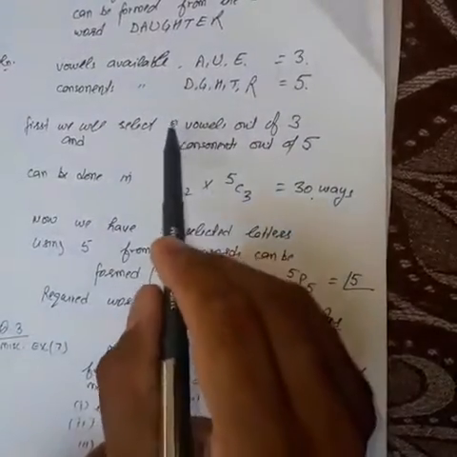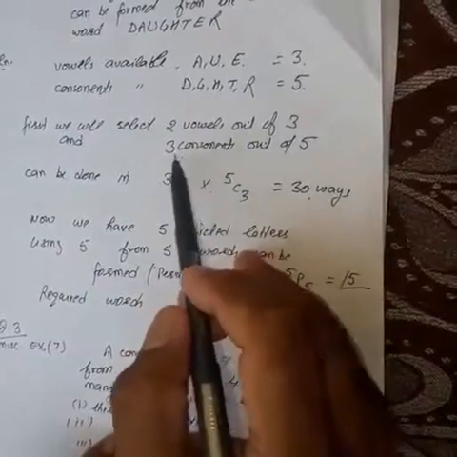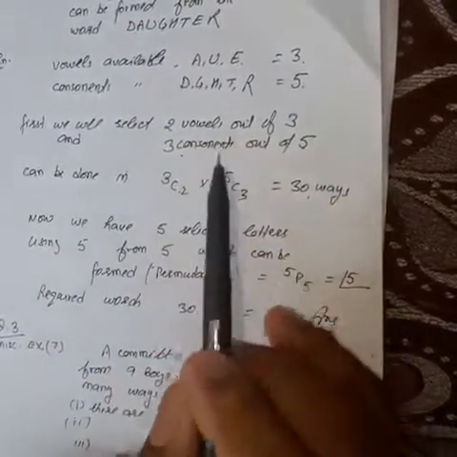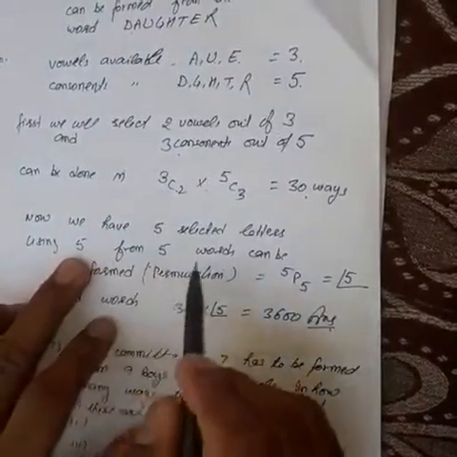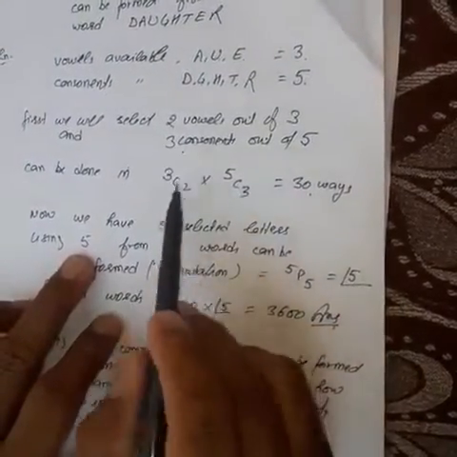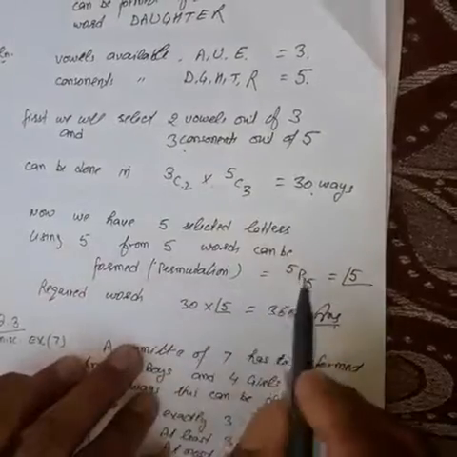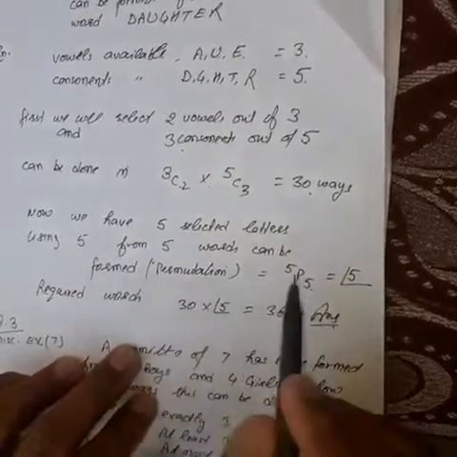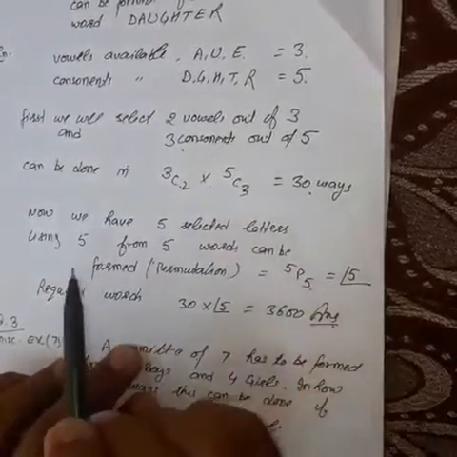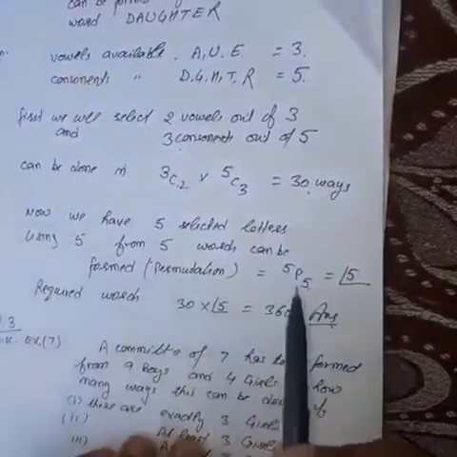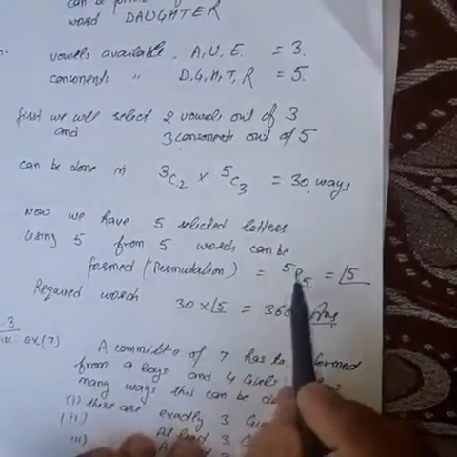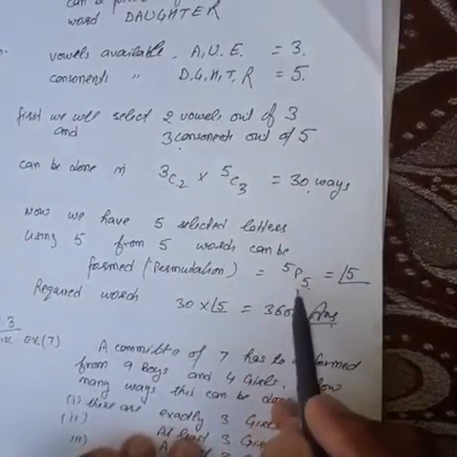Now we have selected 5 letters, 2 vowels and 3 consonants, and to form a word, so using 5, from total 5 letters available, we have selected 5. So the words formed are 5P5. To form the word, we have to arrange letters in a line, and that is arrangement. For arrangement we use permutation.